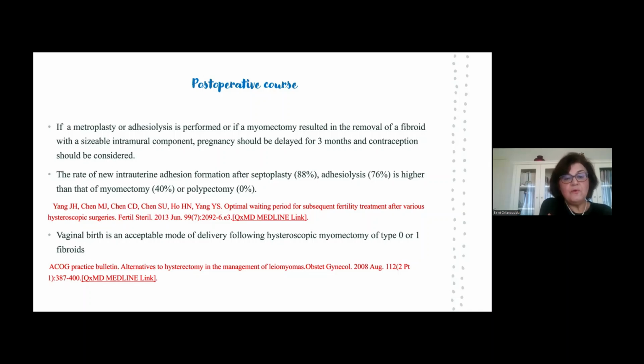The rate of new intrauterine adhesion formation after septoplasty, 88%, and adhesiolysis, 76%, is higher than that of myomectomy, 40%, and polypectomy, 0%. Vaginal birth is an acceptable mode of delivery following hysteroscopic myomectomy of type 0 or 1 fibroids.